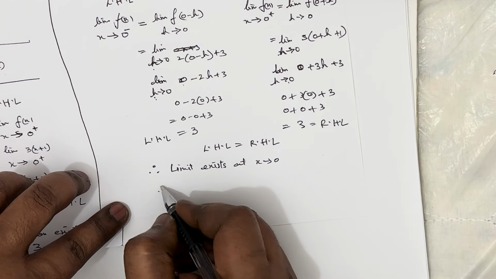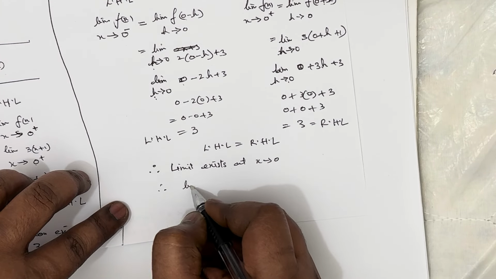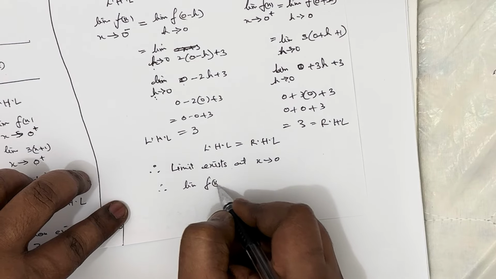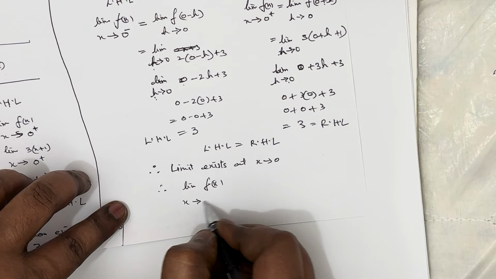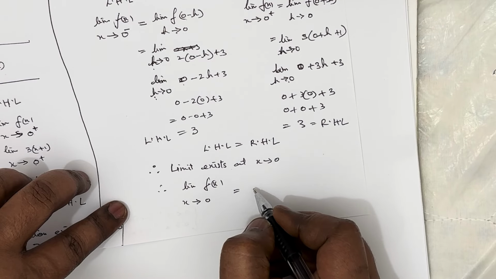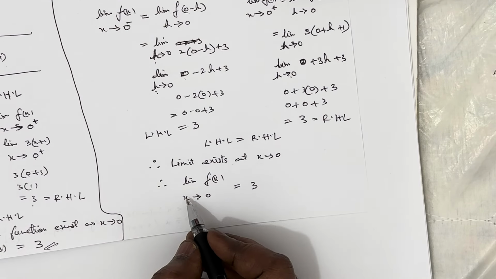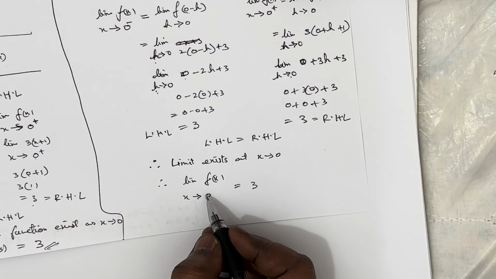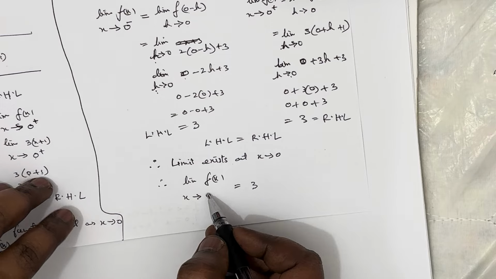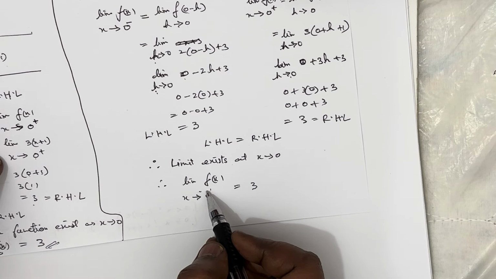Therefore the limit of the function f of x as x tends to 0 is equal to 3. Now this x tends to 0 indicates both the negative and the positive because there is no symbol here, minus or plus.